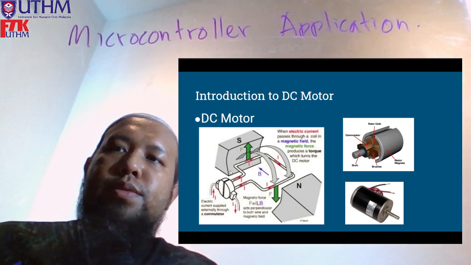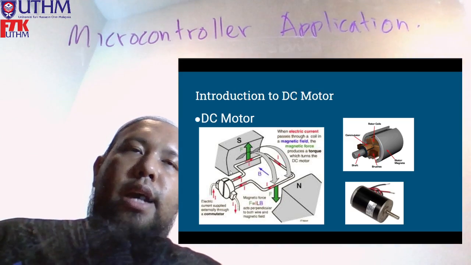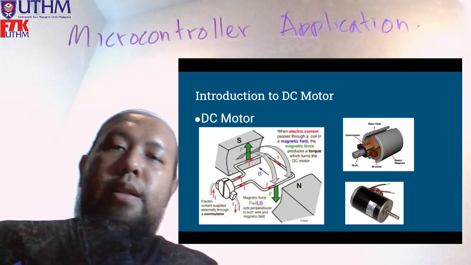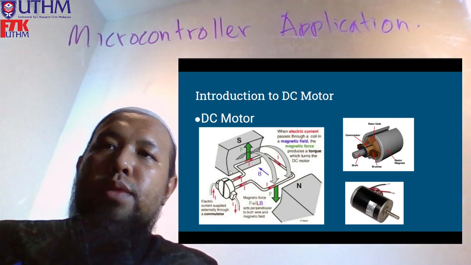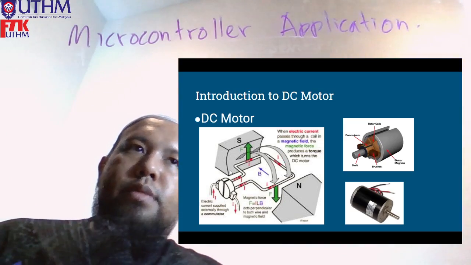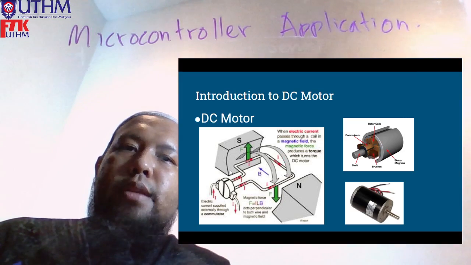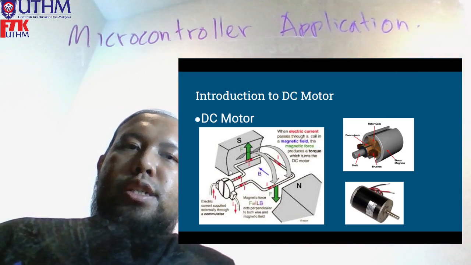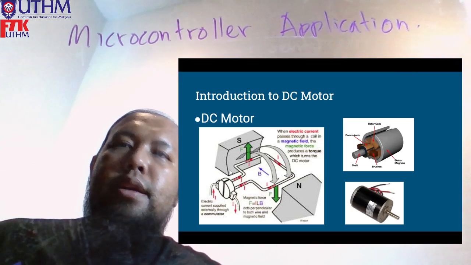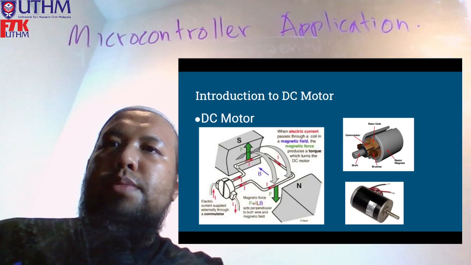Before this we just used something like LCD and LED. This just gives you a simple display, but now we're going to try to control our environment using something that can move and physically change our system or our environment. Okay, right, so DC motor is the simplest way.